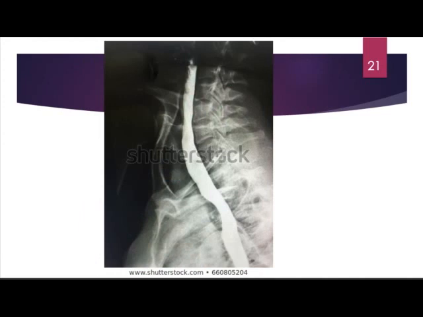كمان في إشي اسمه barium swallow. Barium swallow نستخدمه إذا في حدا عنده مشكلة لما بيبلع. Like maybe there's an obstruction somewhere in the esophagus.